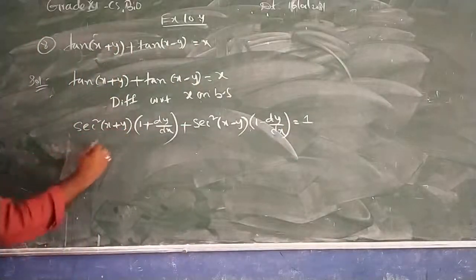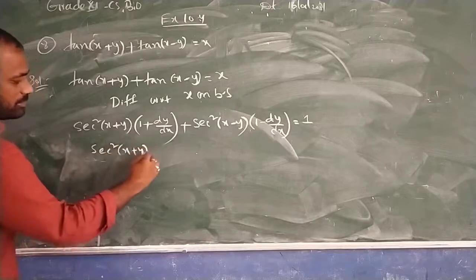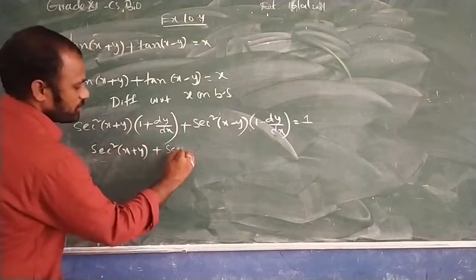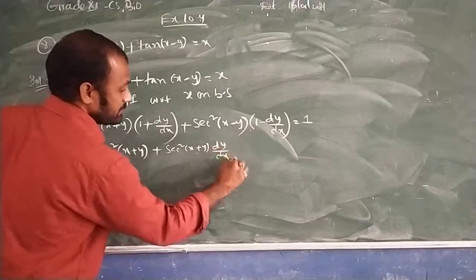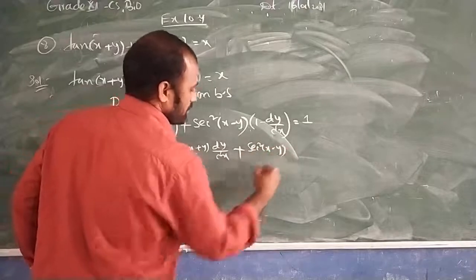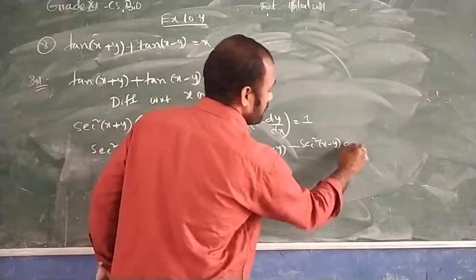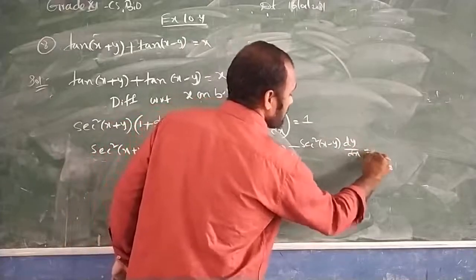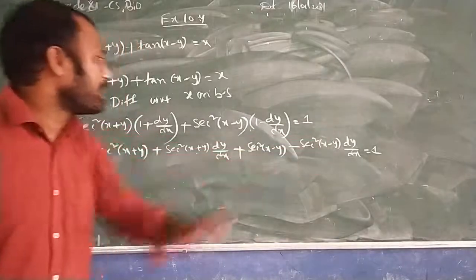Now if I multiply this out, secant square of (x plus y) plus secant square of (x plus y) into dy by dx, plus secant square of (x minus y) minus secant square of (x minus y) into dy by dx is equal to 0. So the terms without dy by dx are transposed to the right hand side.